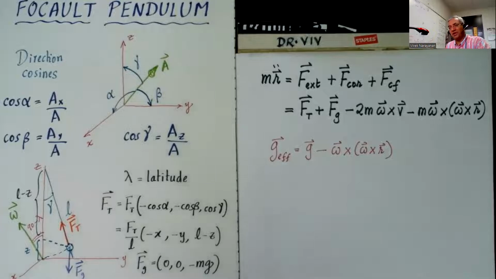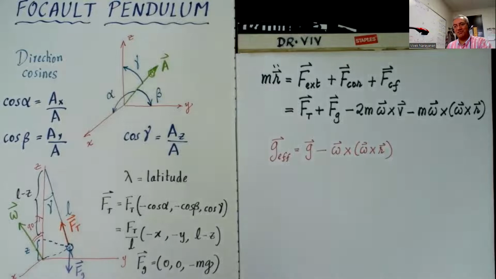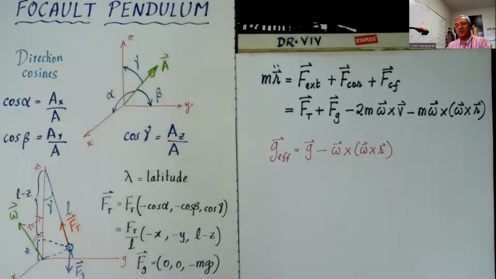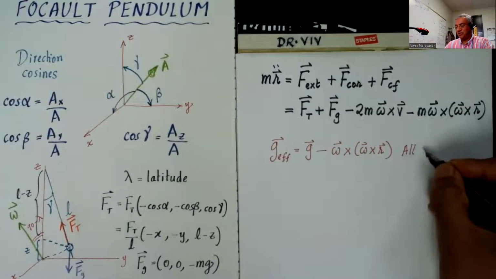So if you use a plumb line to determine your true vertical, all the buildings in a certain latitude will be tilted a little bit by this amount. The tilt is extremely small. It's of order omega squared, but this is something that is unfortunately not possible to escape. All buildings on Earth are tilted.